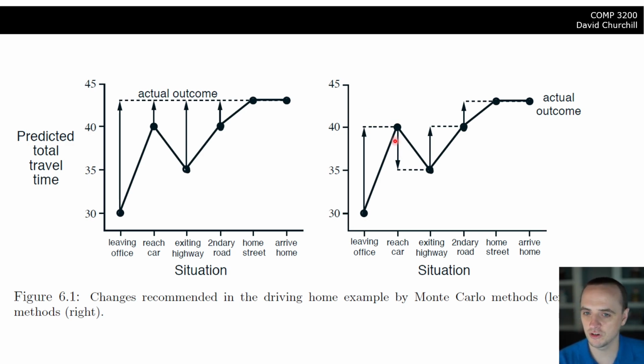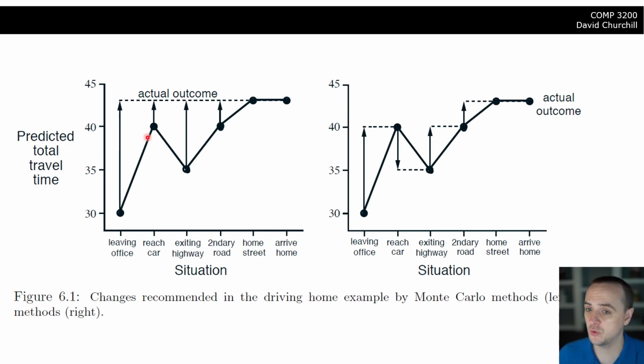Okay? Similarly, when you got there and you're now exiting the highway, your estimate went down to 35 because of what happened when you were exiting the highway, right? In TD learning, we're updating our value estimates when we take each action, not at the end of an episode, okay?